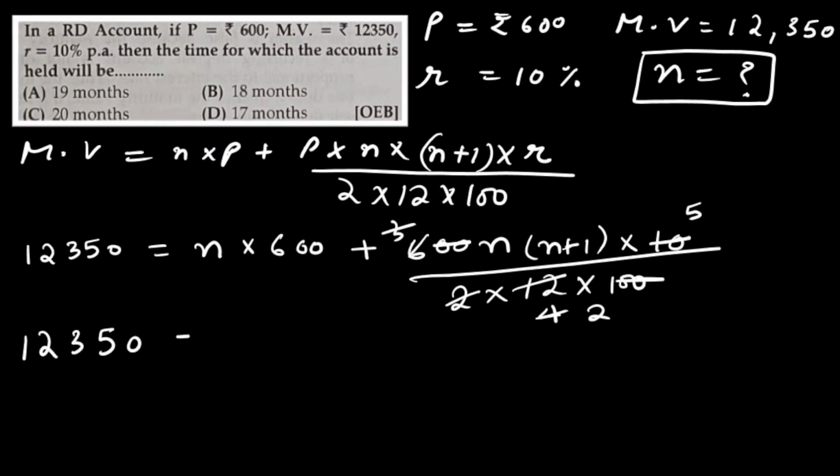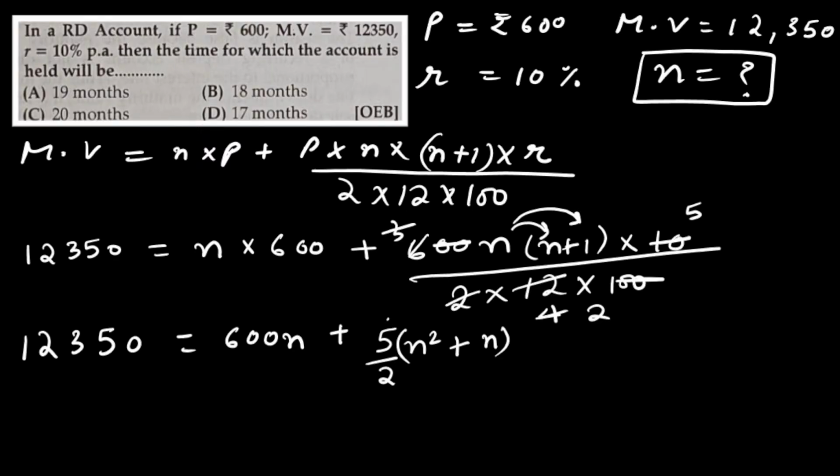12,350 is equal to N into 600, that we can write as 600N. Here let's do multiplication. See, N into N is N square. So 5 is also there, other than 5. In denominator 2 is there. So 5 by 2. Here N we can multiply with this. So N into N is N square plus N into 1 is N. So N square plus N. I'm writing it in a bracket to avoid any calculation mistake.